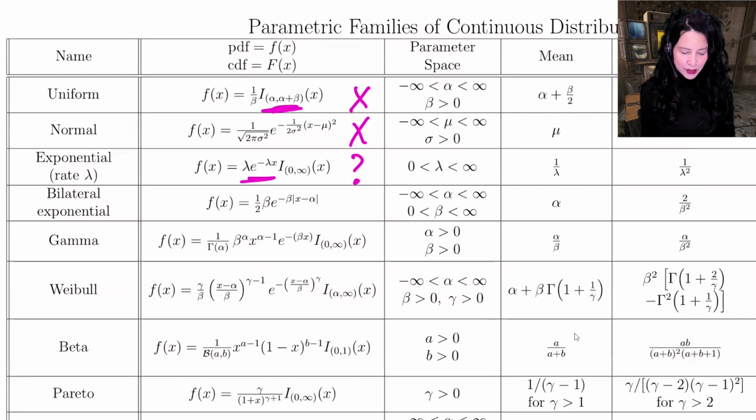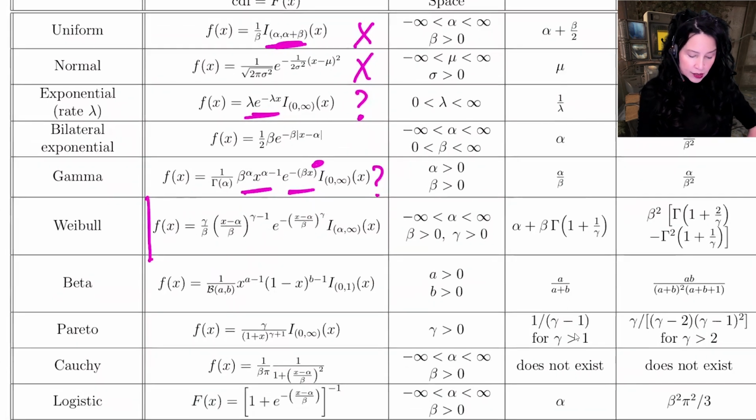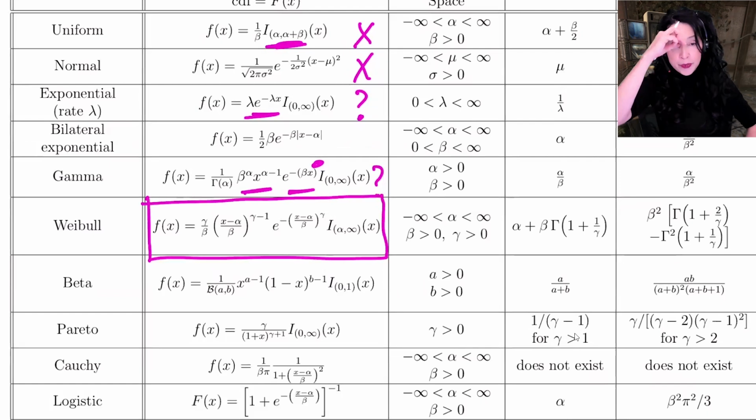So continuing in this way, I did say it looks almost like a gamma because we have a y, the variable, to a power and an e to the minus y, but that one is to a power, which we don't have here. But look at the next one, the Weibull distribution.